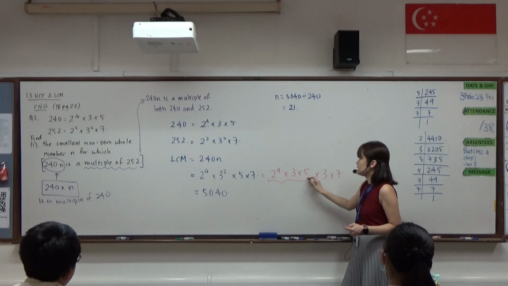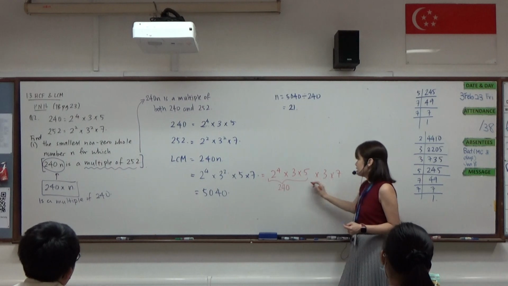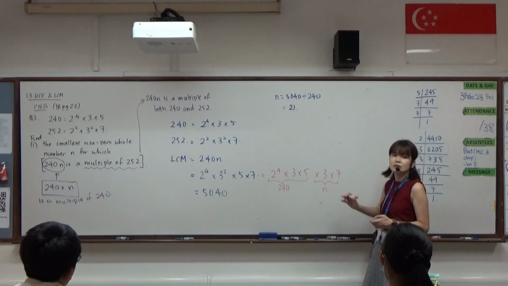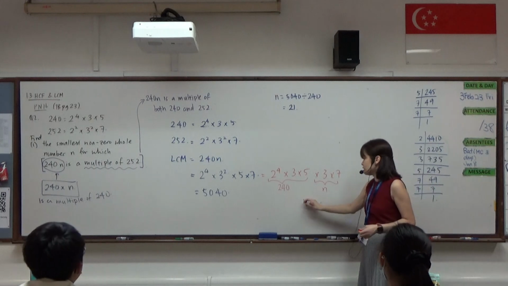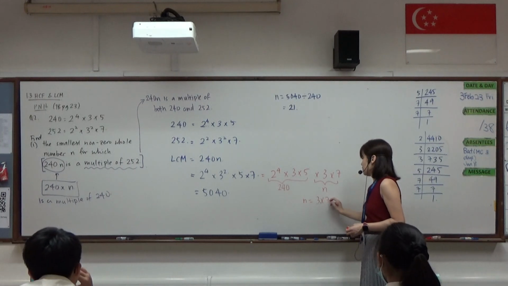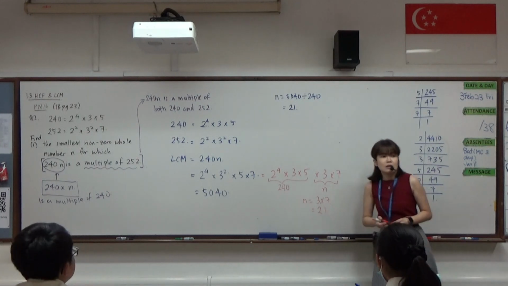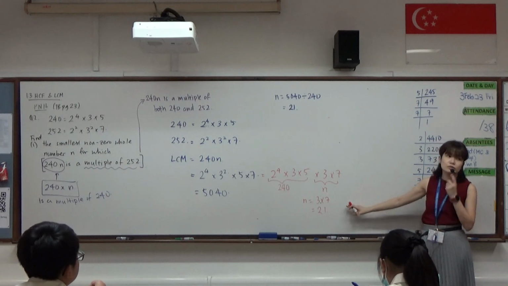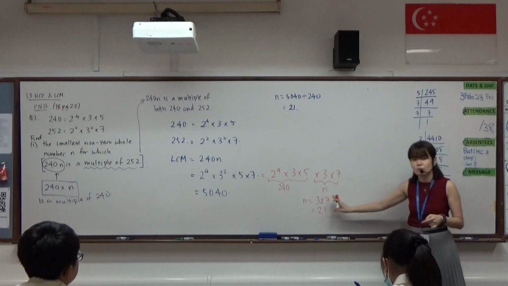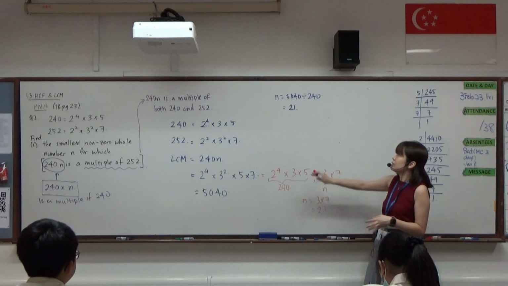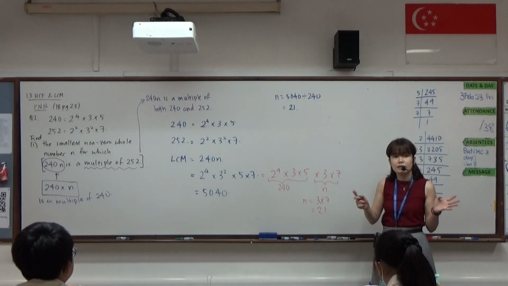This must be my n. So n is equal to 3 times 7, which is 21. I'm just suggesting this to you, but if you don't understand this one, it's fine. You can do the first method perfectly okay.